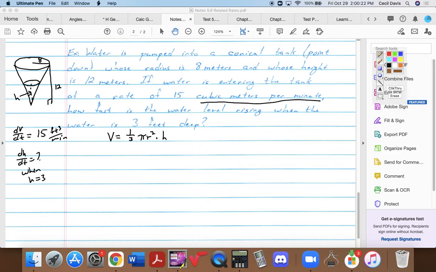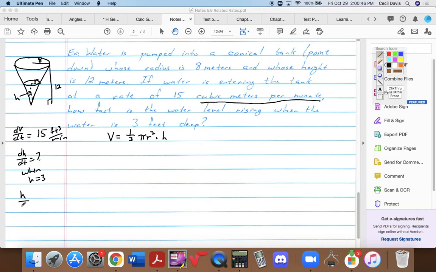And we could take the derivative of this with respect to t just like it is. And there are times when you have to. However, the ratio of the radius to the height of this water is the same as the ratio of the radius to the height of the whole thing. So I'd like to get h in terms of r.